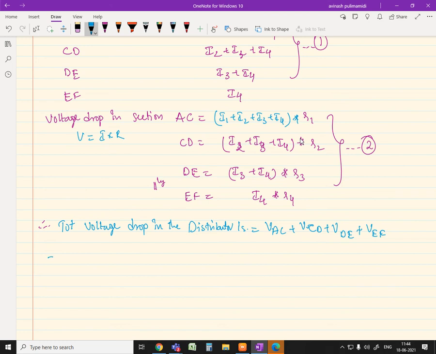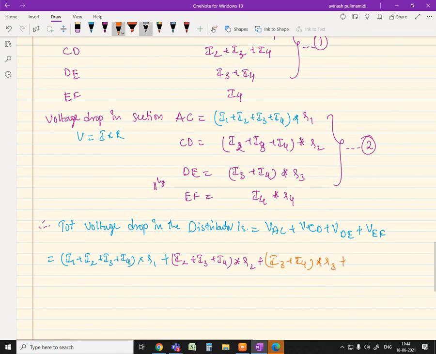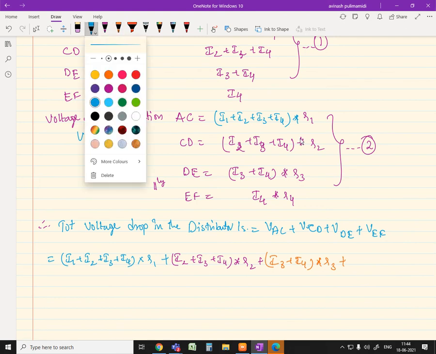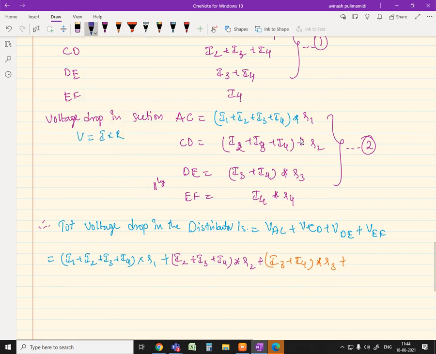That implies (I1 plus I2 plus I3 plus I4) multiplied by R1, plus (I2 plus I3 plus I4) multiplied by R2, plus (I3 plus I4) multiplied by R3, plus I4 into R4.